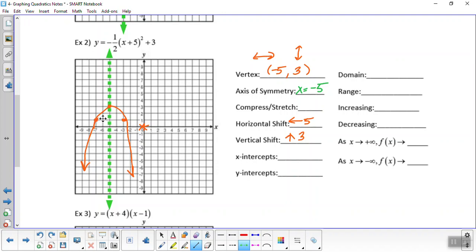So this point is 2 jumps from my dotted line, and again, 2 jumps from my dotted line. Here we do have a compression because it is a fraction and it is a compression by 1/2. Remember to ignore the negative with compression and stretch because the negative just tells us if there was a reflection.